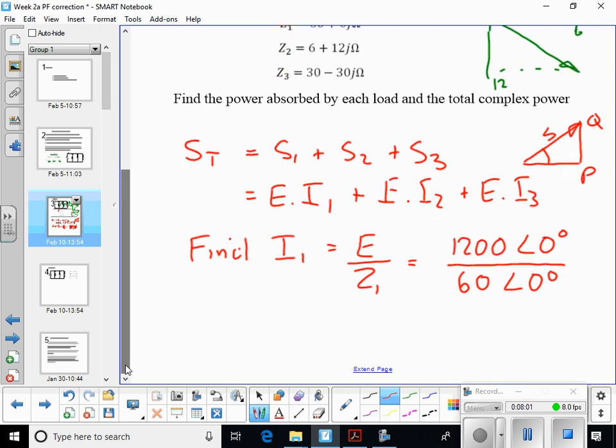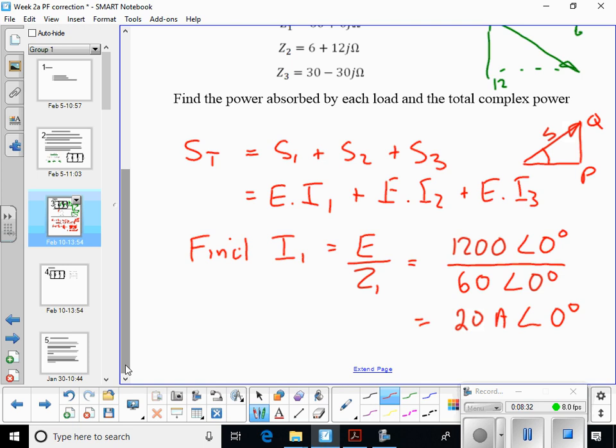So that's only Ohm's law, except we've got complex arithmetic. We do 1200 divided by 60, 20 amps, angle, this angle minus that angle is still 0. So our first current is 20 amps, angle 0 degrees.